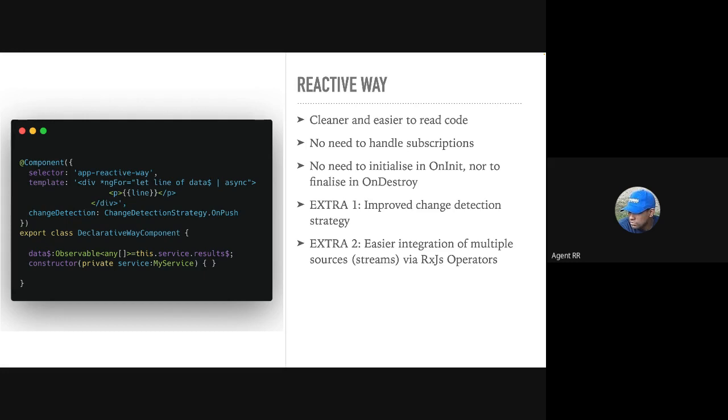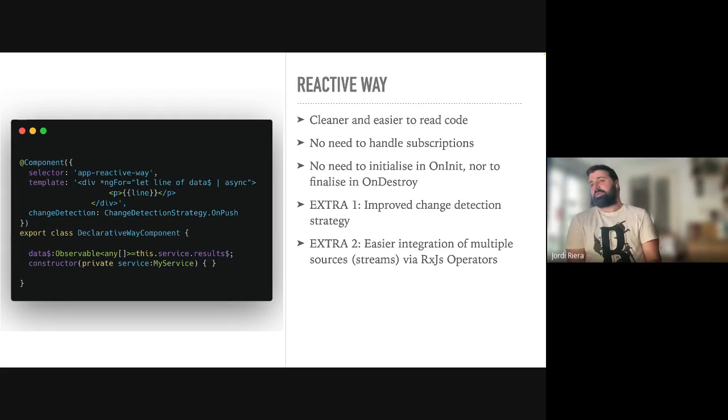Even though we have an async pipe here, we can still modify the values. I mean, you can work with them, because what the async pipe actually does is remove the observable wrapper. So in this case it would be an any array, and anything you can do with an any array, you can do there. If you really want to manipulate the observable before, that's where you should be using the operators.